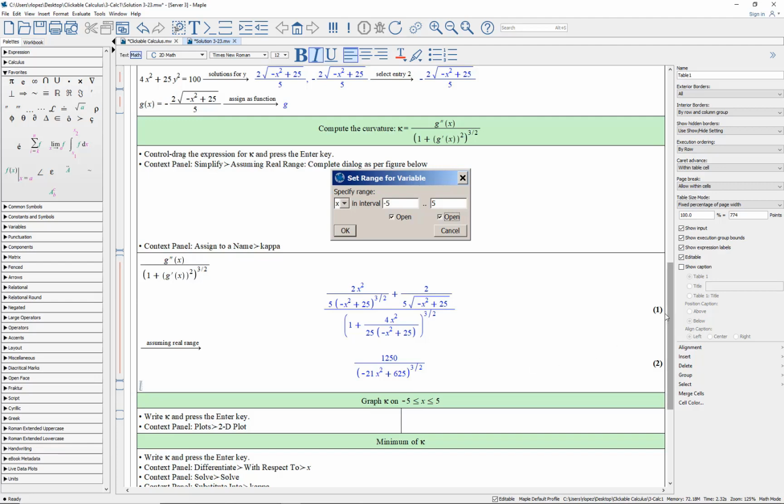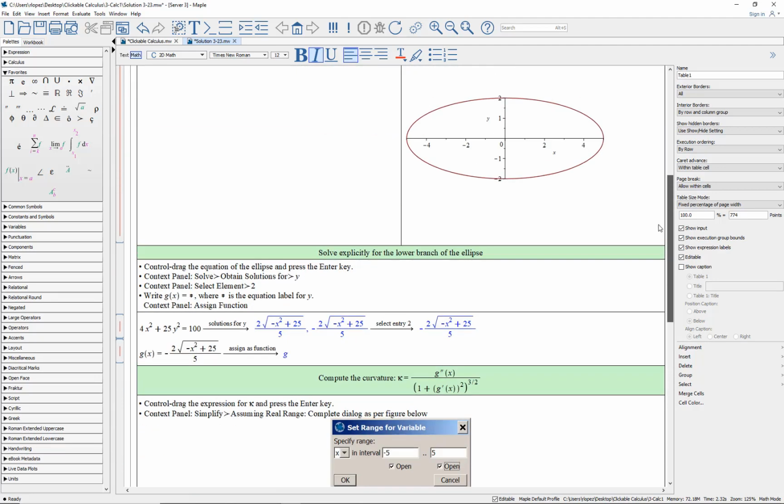Where is this minimum? If we go up here to the graph, we can guess from the graph that the curvature is a maximum out here at 5, turns most rapidly, and it seems that the minimum of the curvature should be down here at x equals 0, where it's not turning quite as fast.